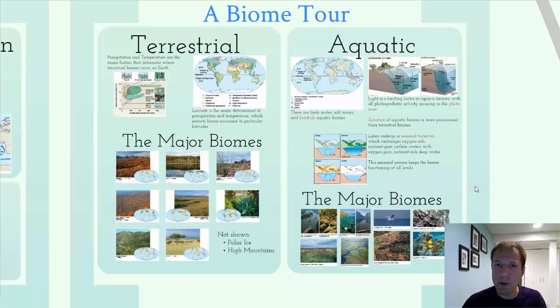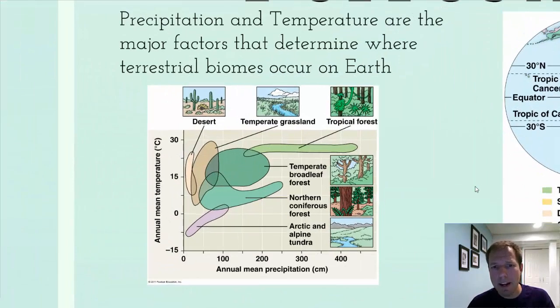We can break down all of the different climate zones into biomes, and biomes are going to be the type of living organisms that are present in an area of Earth based upon the local climate. Now, the terrestrial or land-based biomes, the main factors that are going to affect these areas are precipitation and temperature.